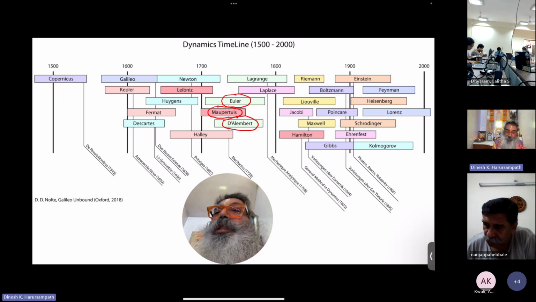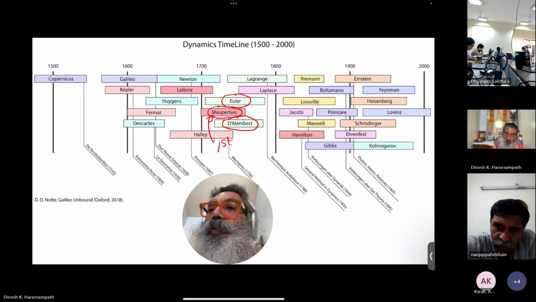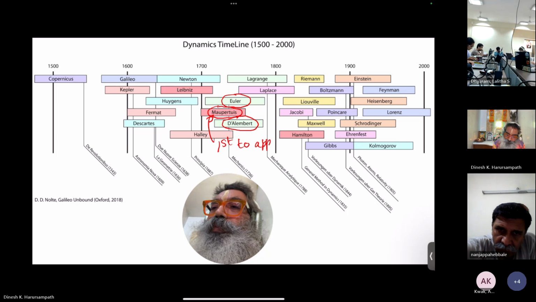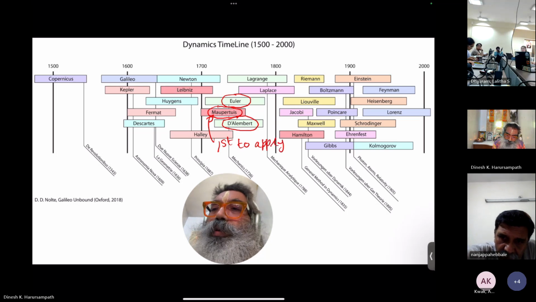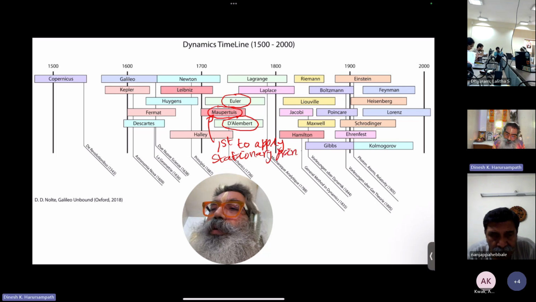But he was the first one to apply the so-called stationary principles, including what was eventually the Hamiltonian, Lagrangian, etc., to problems in mechanics.